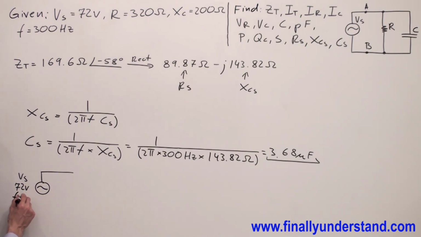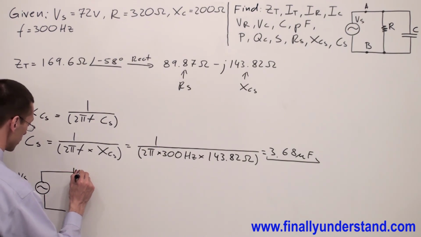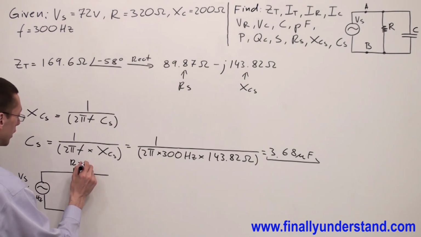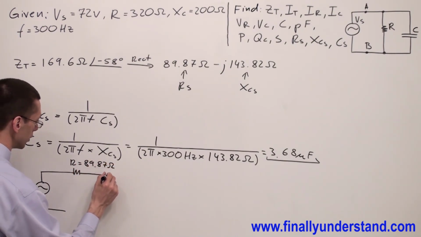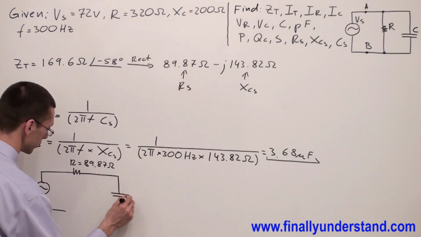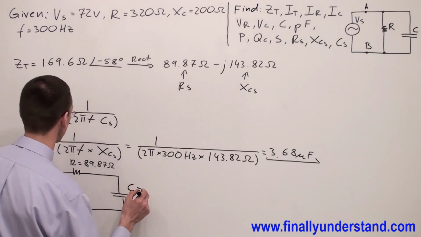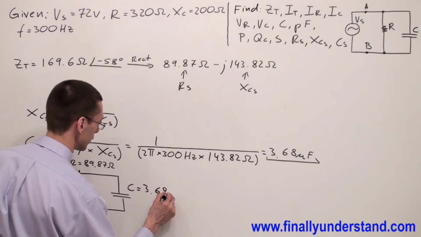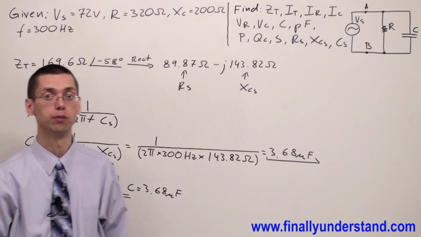Frequency is equal to 300 hertz, and I have resistance, which is equal to 89.87 ohms, and I have capacitance C equals 3.68 microfarads. Now I can say that the problem is solved.